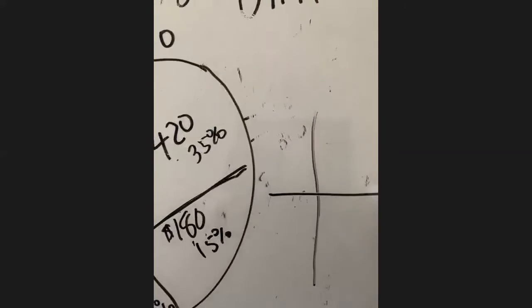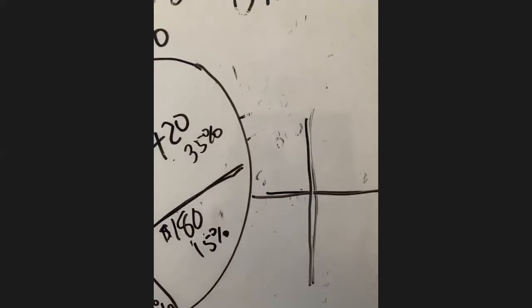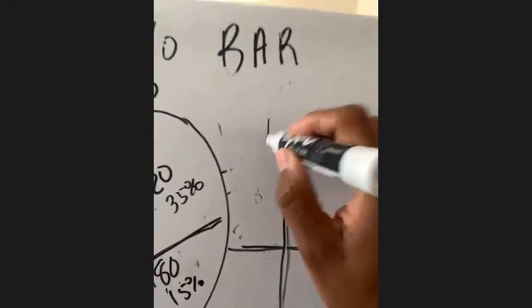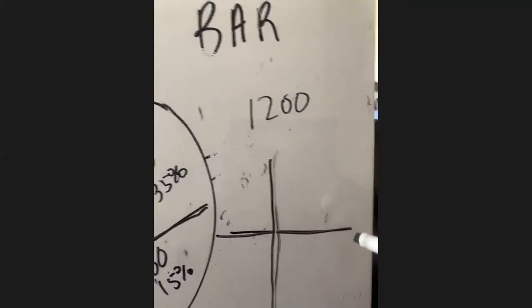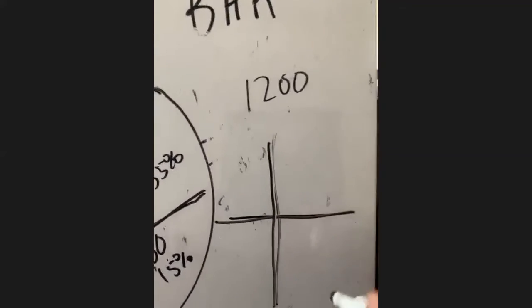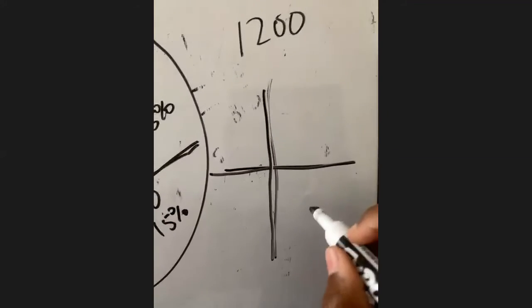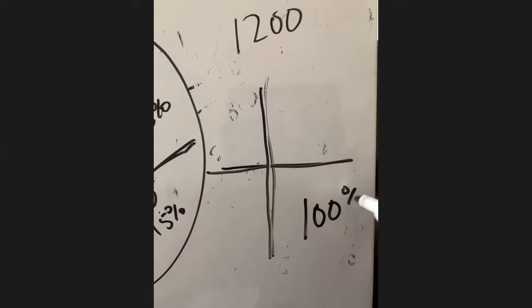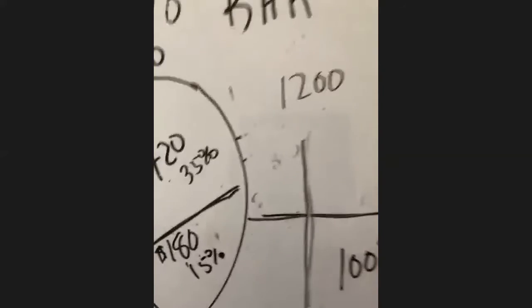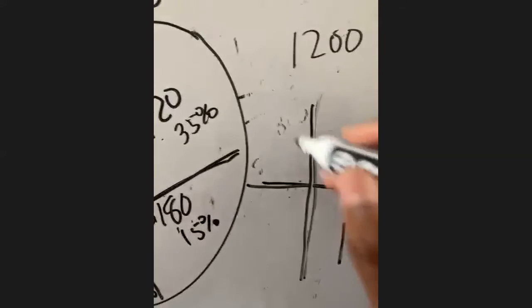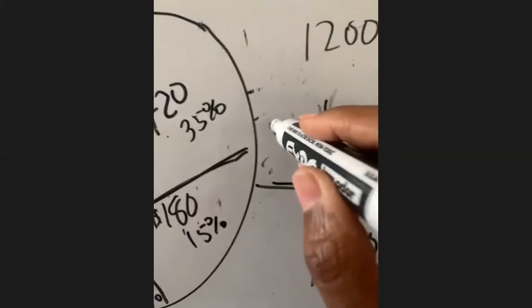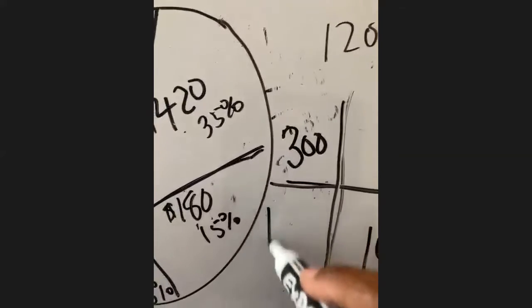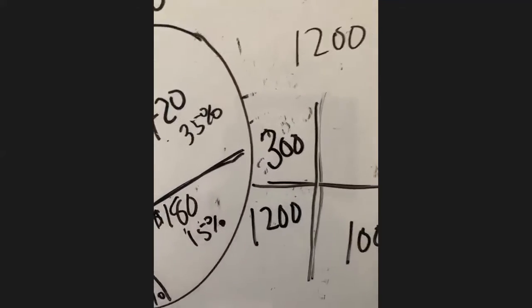Remember the bar. So here we said that the total amount was $1,200, right? And we said that to your right bottom, which is your whole, was 100%. And then at the top, to your left is the 300. And then the bottom is the 1,200, right?